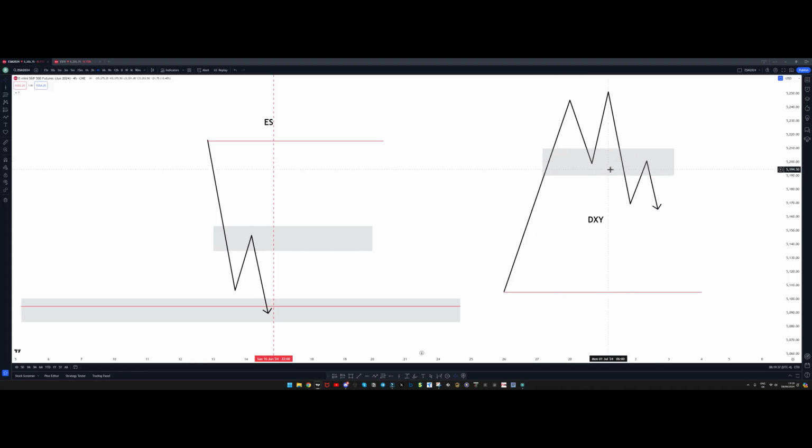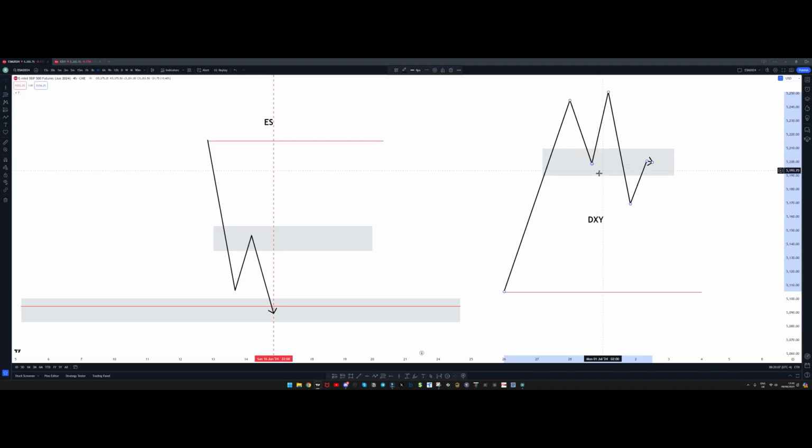Trust me, Dixie moves in front. Some of you guys may have seen me sat round hovering, like a stalker, like a weirdo, waiting to get involved. I'm waiting for this to happen. I'm waiting for the real change in delivery here, the real CISD.